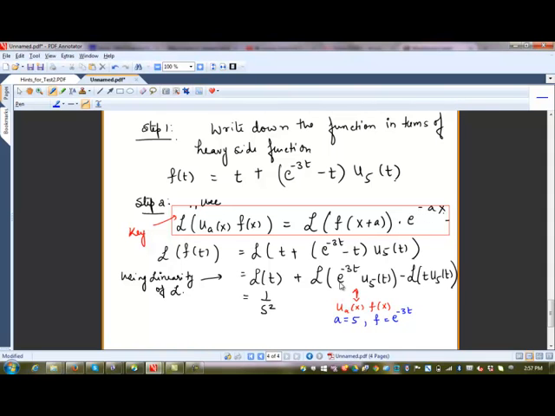So that means this is the same as writing the Laplace transform of f, the translation of the exponential function, which will be t plus 5, multiplied by e to the power minus 5t.